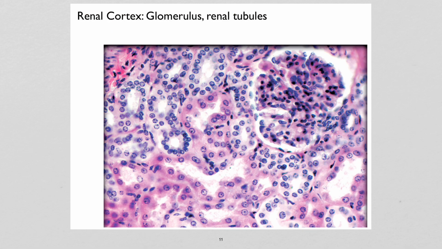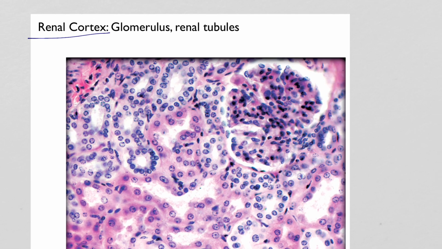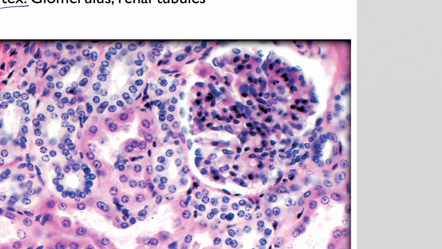All right, this is a bit of histology, and even beyond just the anatomy, this is important for understanding renal physiology. So this is a renal cortex. The easy way to know that it's a renal cortex is that's a glomerulus.